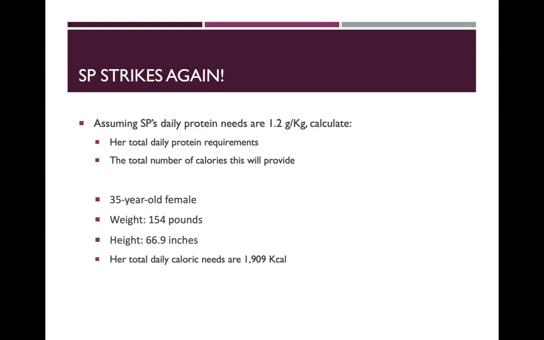The second question: that number of grams, which is 84, will provide what number of calories? Some of you guys already answered that. Remember, the number I asked you to memorize is that for every gram of protein, there are 4 kcal provided.